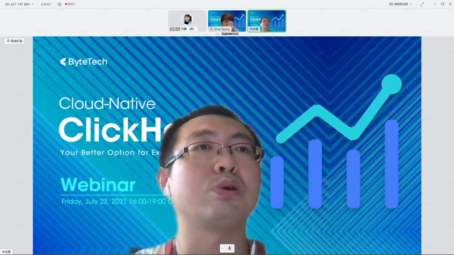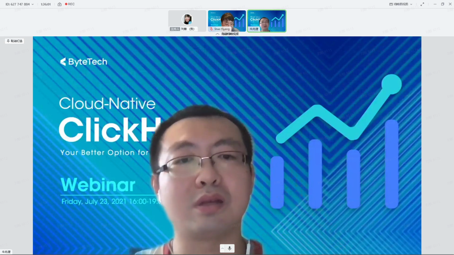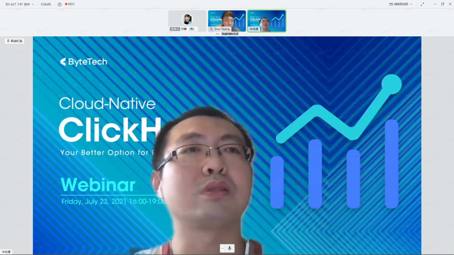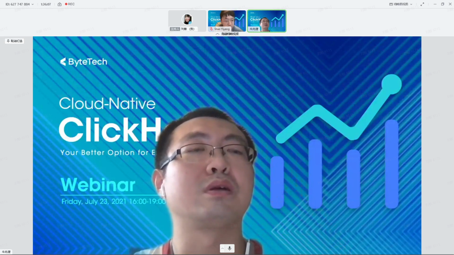How do we support ACID? Because time is limited, I didn't touch too much detail on how we implement ACID for metadata management.